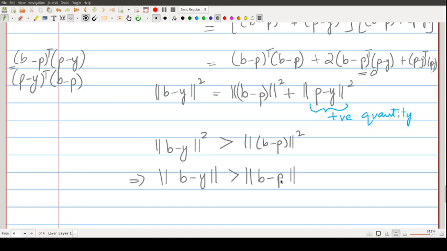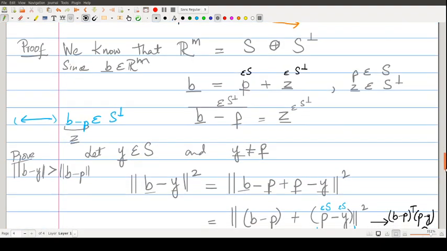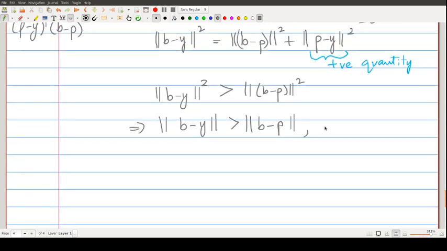So I've given a guarantee that if this y was a different vector from p, in other words, y is not closest, p is the closest vector.